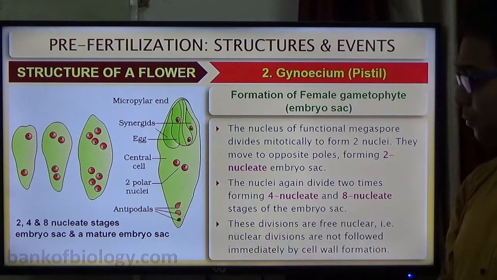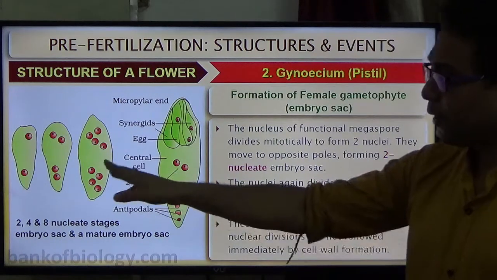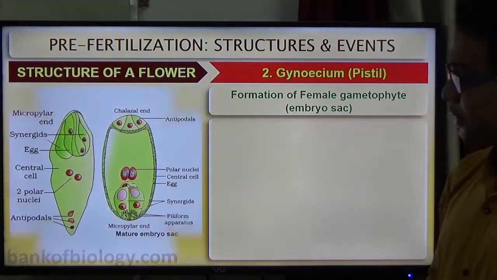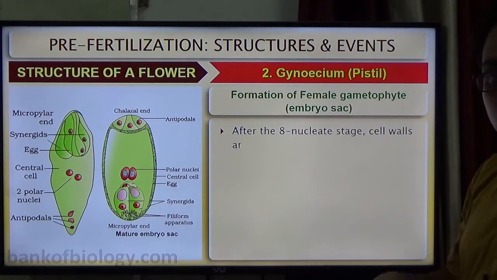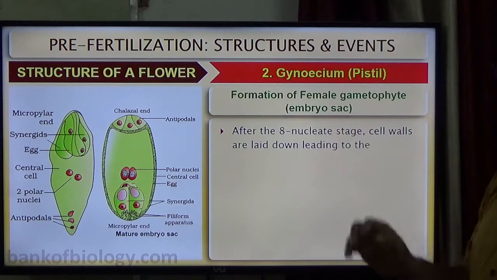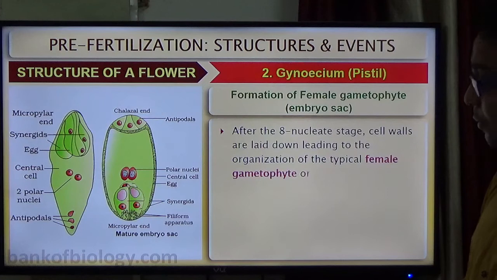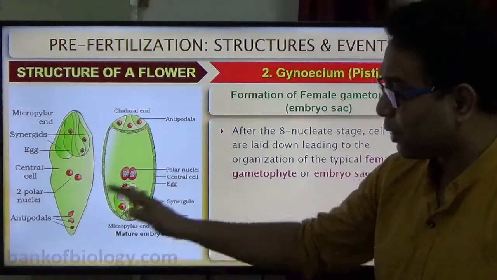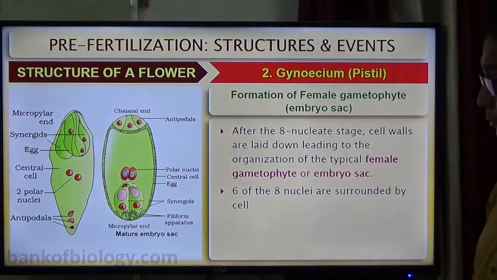Only the nucleus formation. But after that, 8 nuclei are there, and they are separated to both ends. So after the 8 nucleate stage, the cell wall is laid down, ultimately leading to organization of the female gametophyte. 3 go to the micropylar region, 3 nuclei go to the chalazial end.